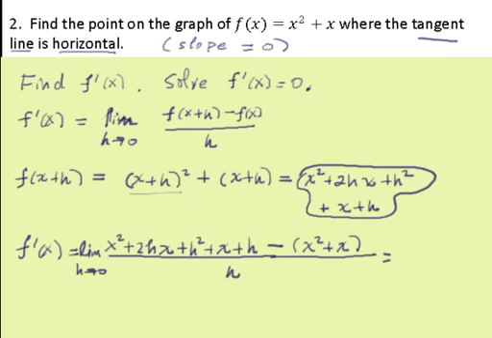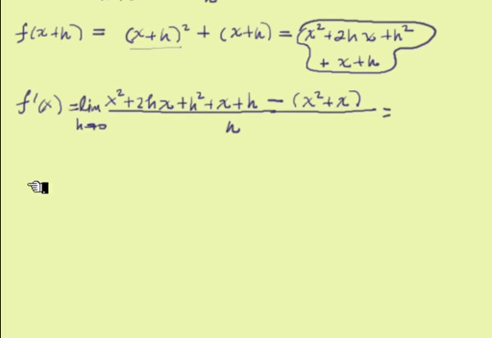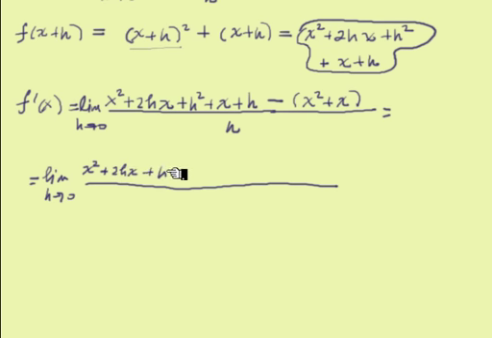Okay, now we're just going to open parentheses. And again, let's just copy this first part: x squared plus 2hx plus h squared plus x plus h.